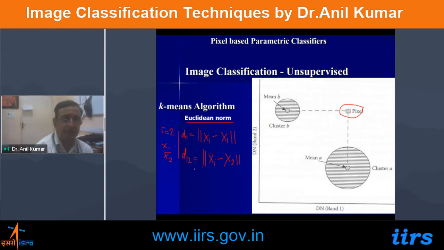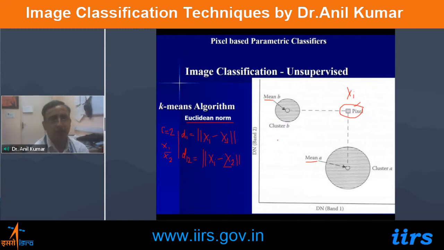So it will get two distances for this pixel, and whichever is minimum. This is the unknown pixel xi, this is the mean of cluster 1, x1, and this is the mean of cluster 2, x2. It will find these two distances, and whichever is minimum, the pixel will be labeled to that class. Suppose this is minimum, so it will be labeled as B, cluster B. Like that, it will go on looking at each pixel, and each pixel will be labeled A or B.